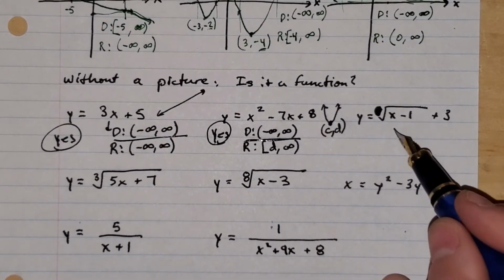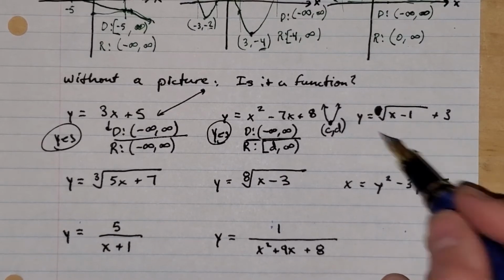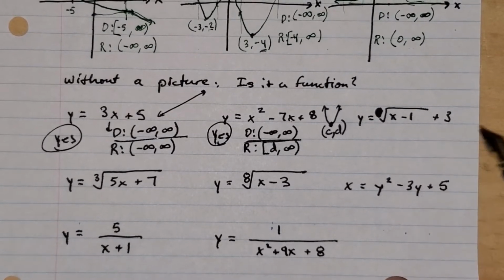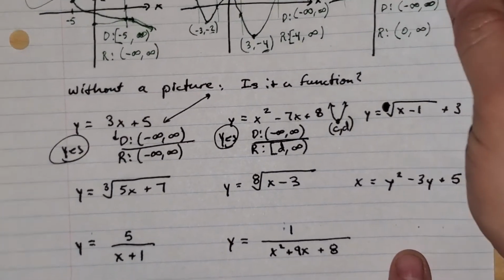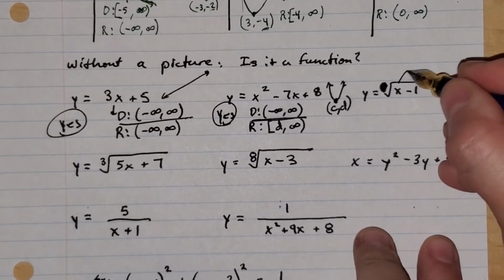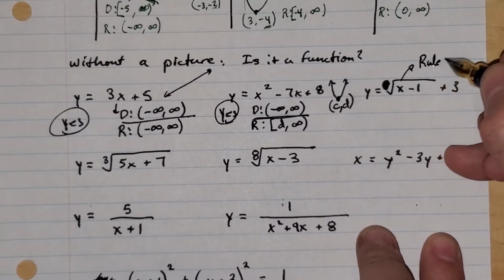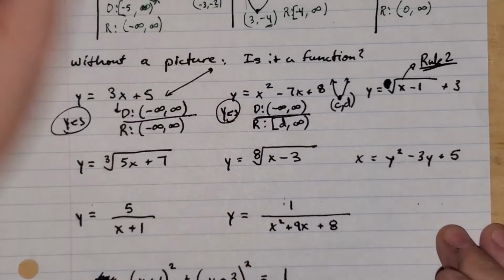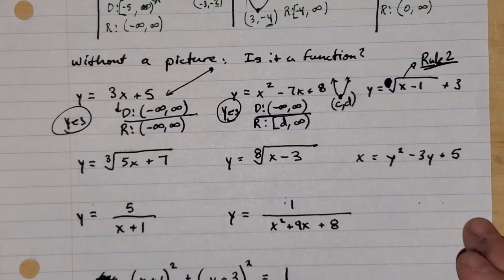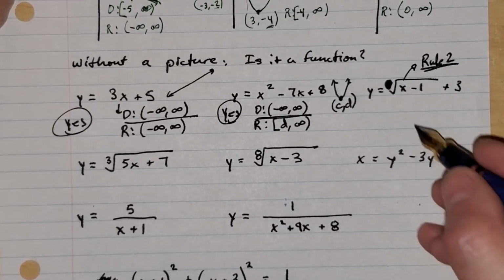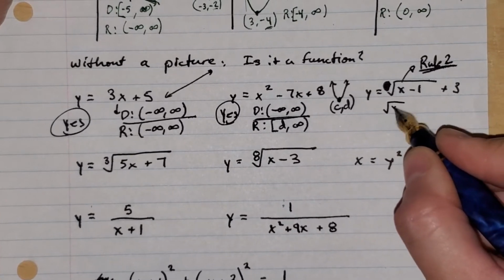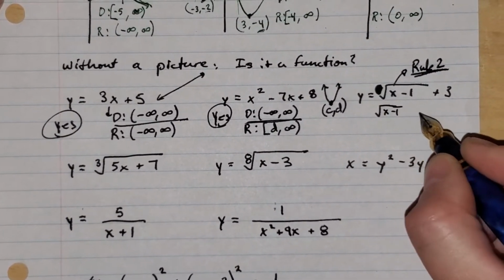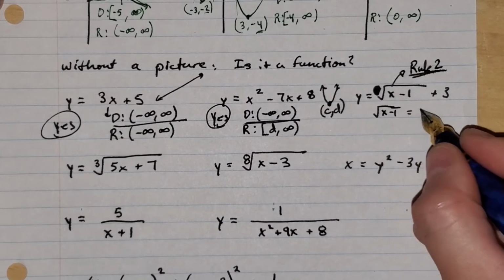How about here? Am I dividing by 0? No. Am I taking an even root of a negative number? Yes, I am. So this is rule 2. You are able to take the square root of a negative number only if there's no square root in the problem, so I take this and say square root of x minus 1 equals 0.